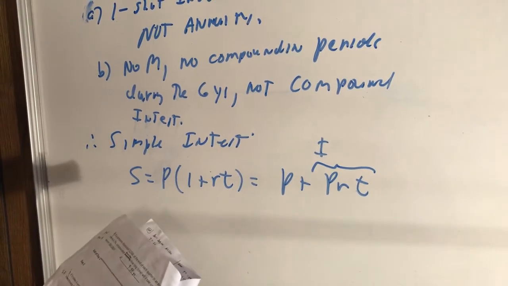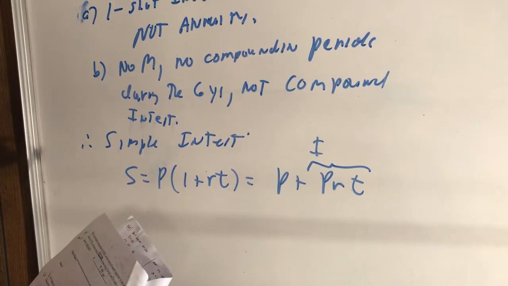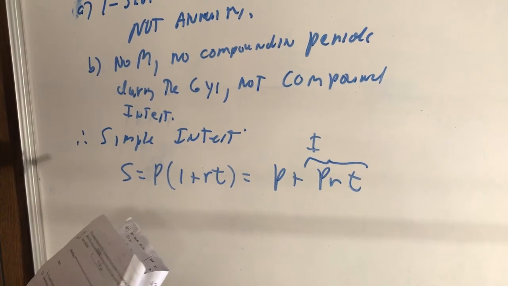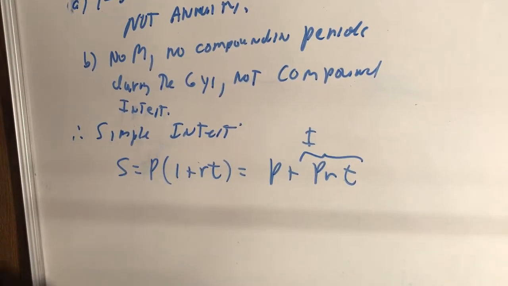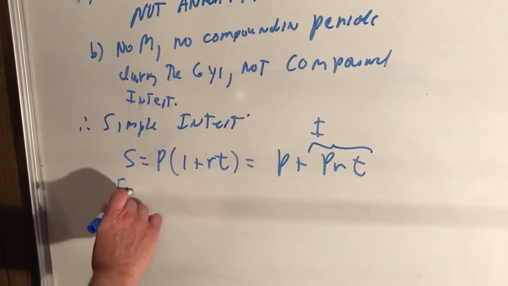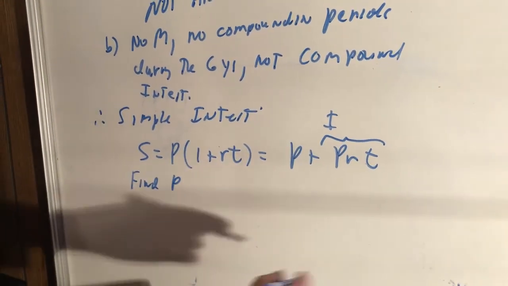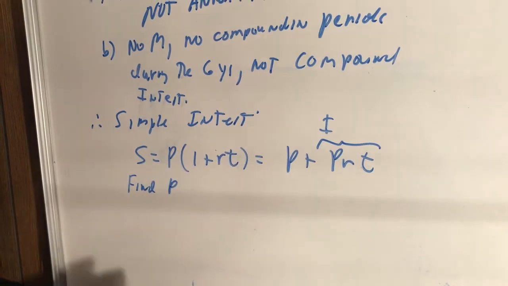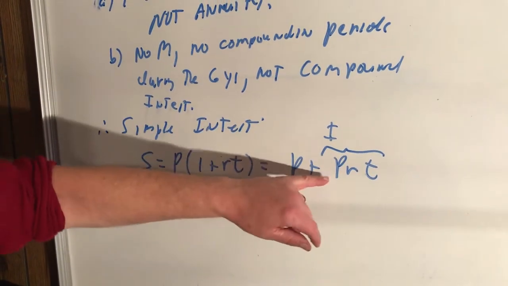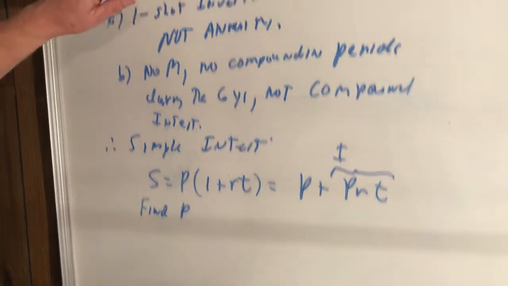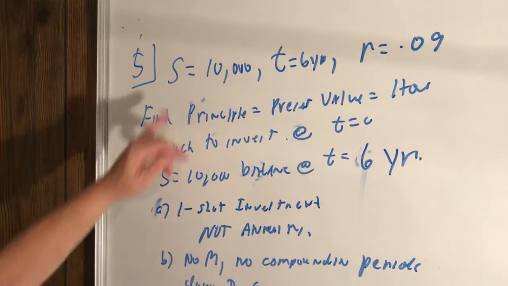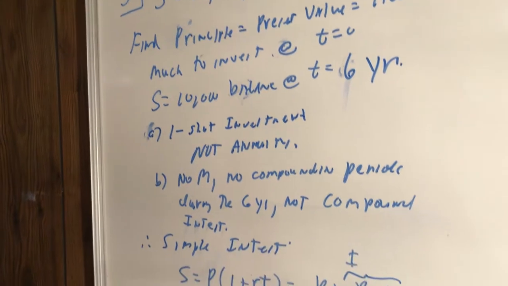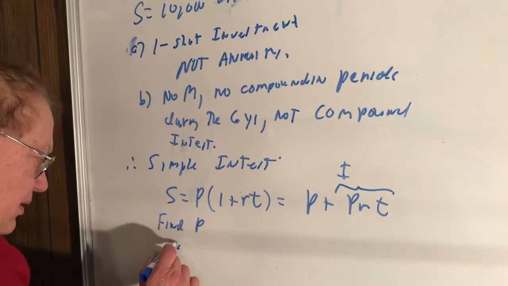What are they looking for here? Find P. They're looking for P. They're not looking for I. Some people use I equals PRT. But 10,000 is not your interest income. That's your future value. So I would use this formula.